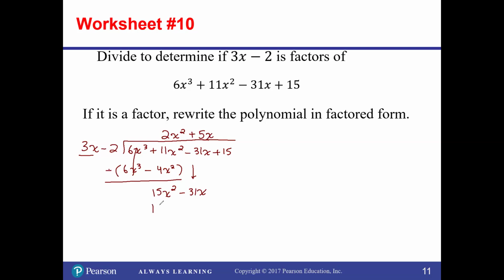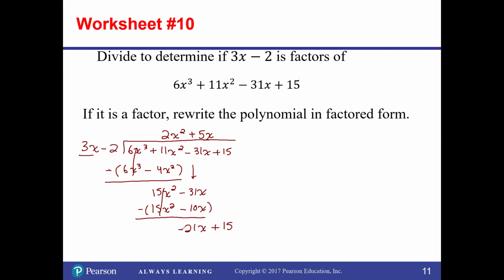5x times 3x is 15x squared. 5x times negative 2 is negative 10x. Remember, we're subtracting this. This is gone. And then this is going to be subtract a negative, so negative 31 plus 10 would leave me with a negative 21x plus 15.